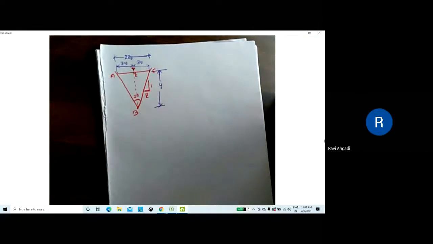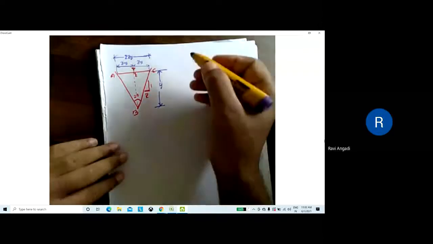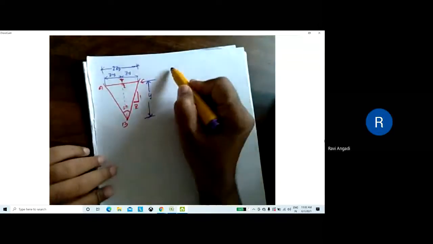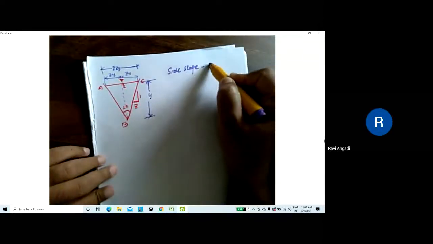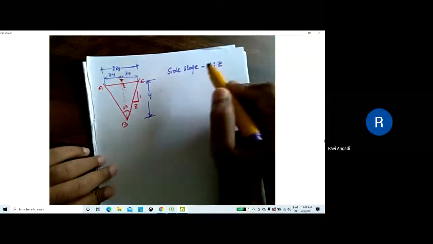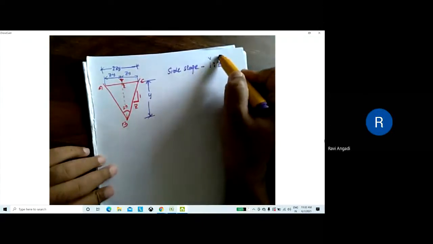Sometimes they may ask, prove that the hydraulic radius for a hydraulically efficient triangular channel section is in terms of depth of flow. To prove that, here the side slope is 1 is to Z, meaning 1 is vertical and Z is horizontal.